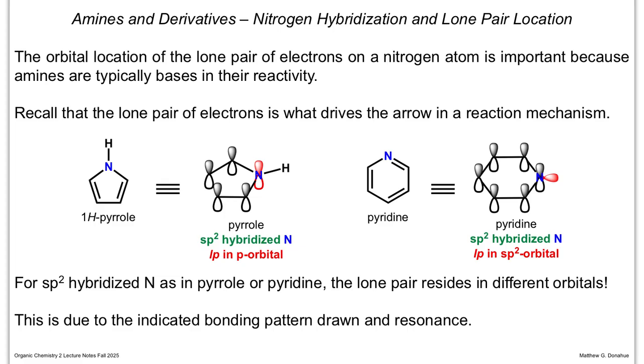This kind of shows those two scenarios. I've simplified the imidazole to pyrrole, and then there's the pyridine, and then the red lobe, so that's your p orbital, and then this is your sp2 hybrid.